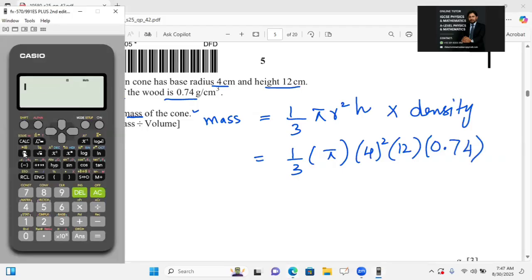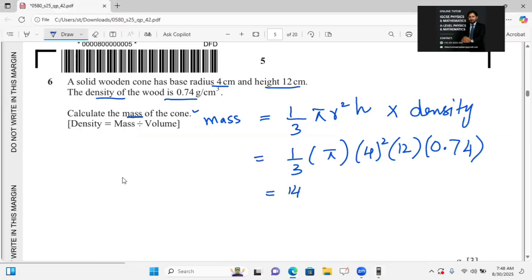First of all, fraction introduced. 1 over 3 multiplied by pi multiplied by 4 square multiplied by 12 multiplied by 0.74 equals 148.